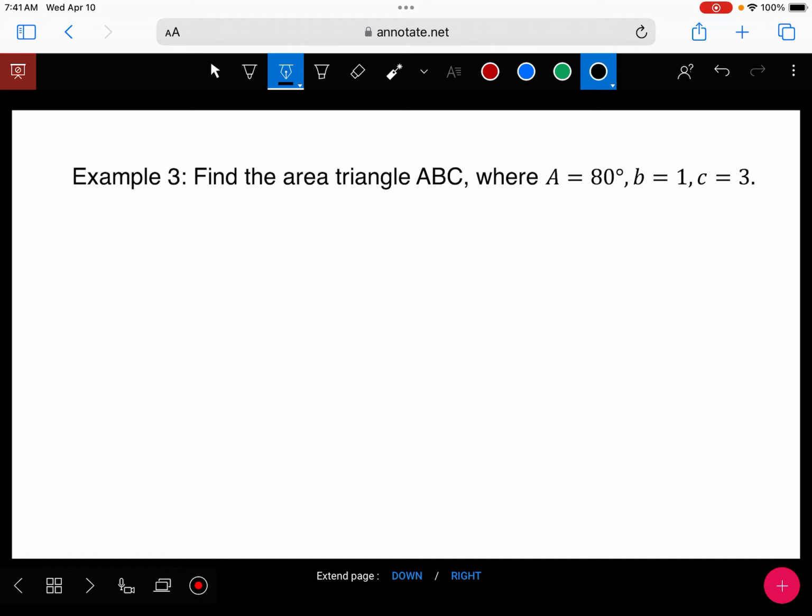All right, let's look at example 3. I can already tell this is going to be not the law of sines, sorry, the sine area, because I have an angle and the other two sides are the ones next to the angle. So I know that this is sine area. I'm going to draw it out.